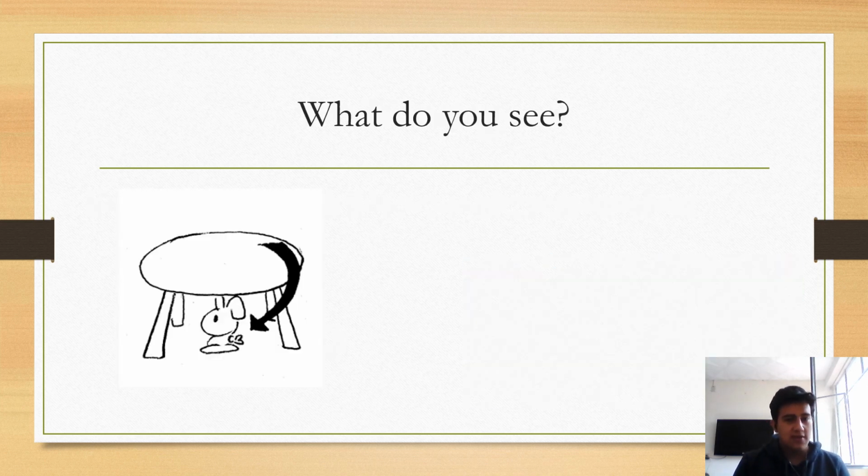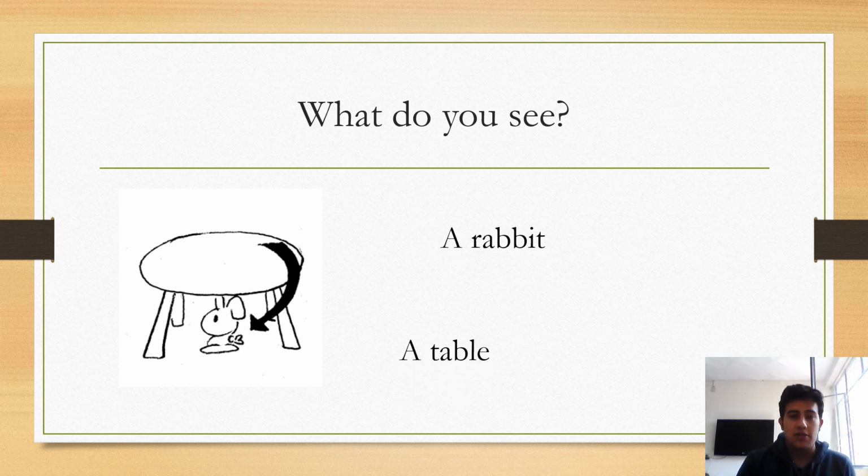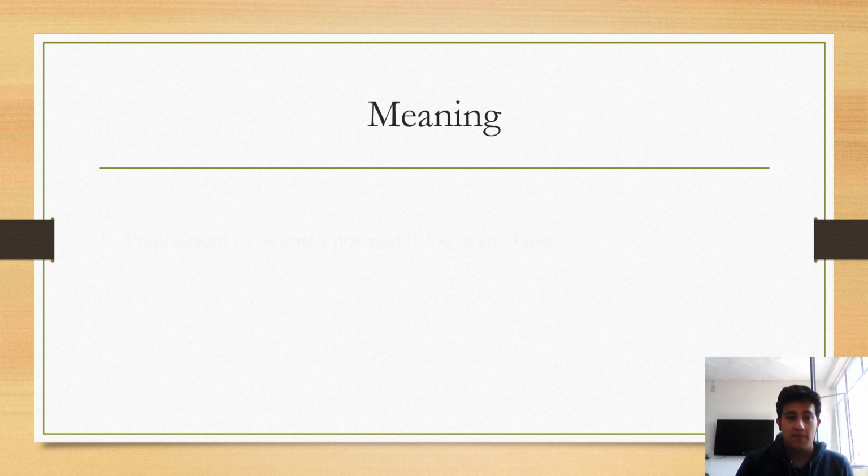Now, what do you see in this image? What do you see in this picture? Probably a rabbit, a table, but the most important thing is, where is the rabbit? Let's see the meaning. The word is a preposition. Do you know the word?